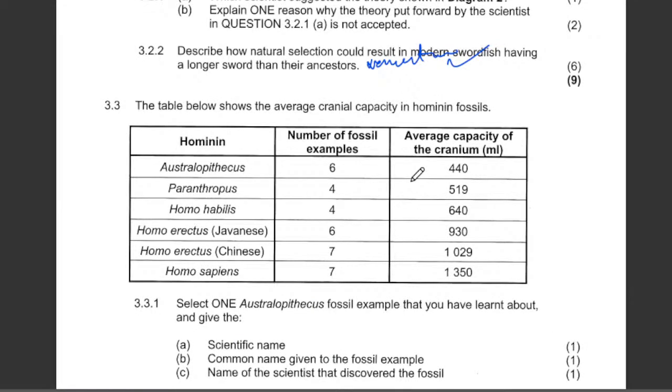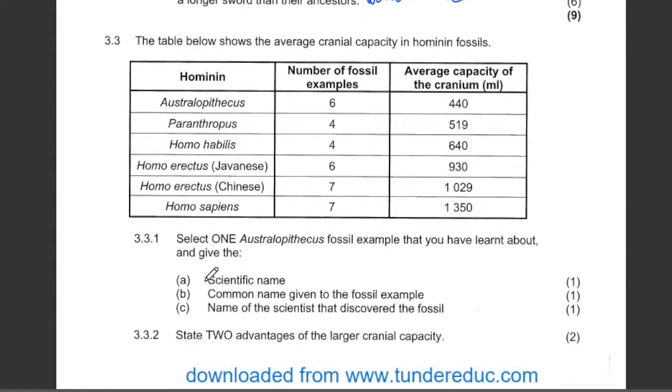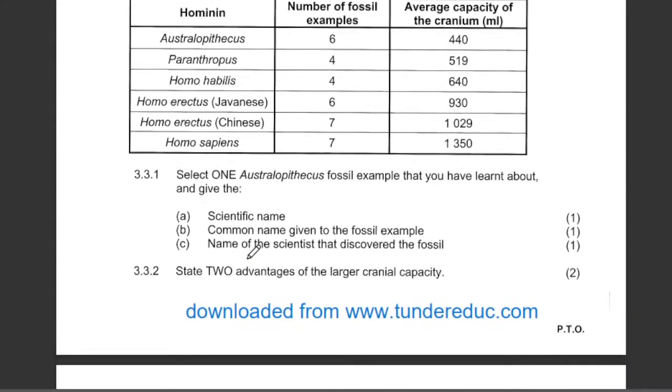Then when you go to 3.3, they're saying that the table below shows the average cranial capacity in hominid fossils. State one Australopithecus species you have learned about and give the common name.